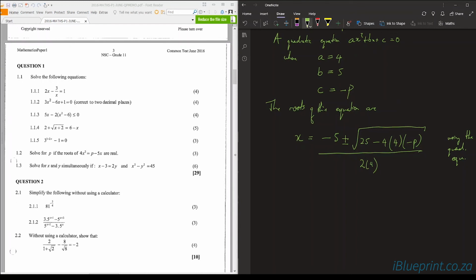So they're saying the roots of this equation are real. So the roots of this equation are the solution to this equation, and the roots are real.